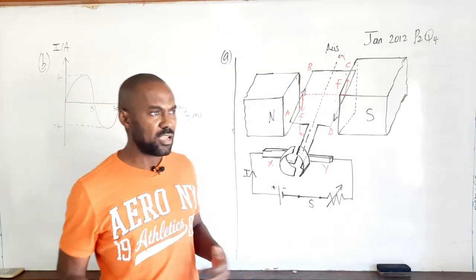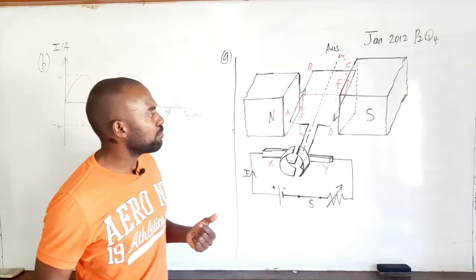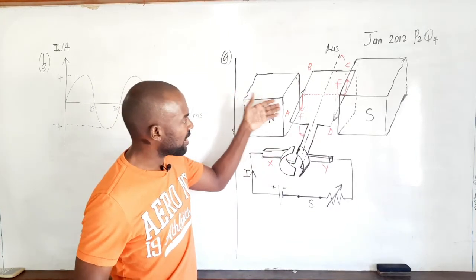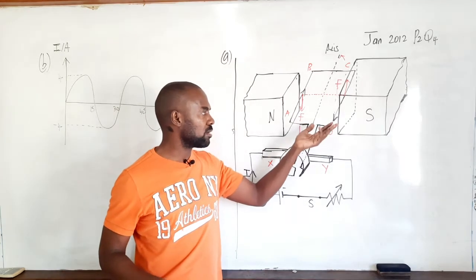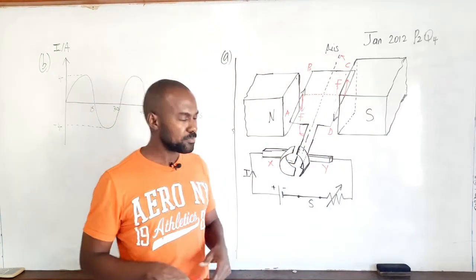So essentially, that is how the coil is able to rotate, due to the force created by the interaction of the magnetic fields produced by the magnets and the current flowing in the conductor, right?